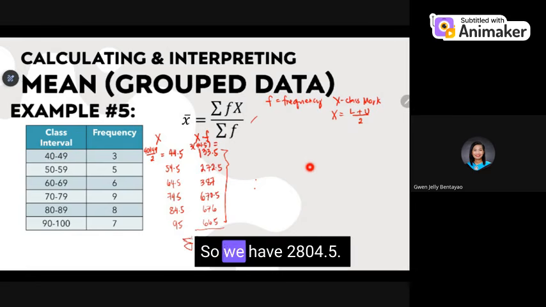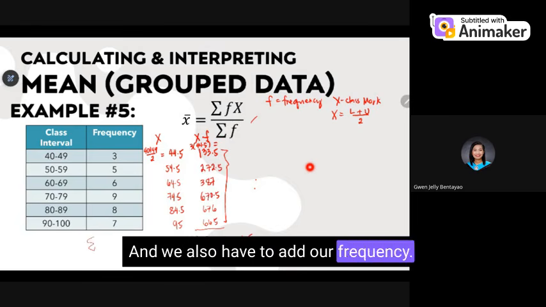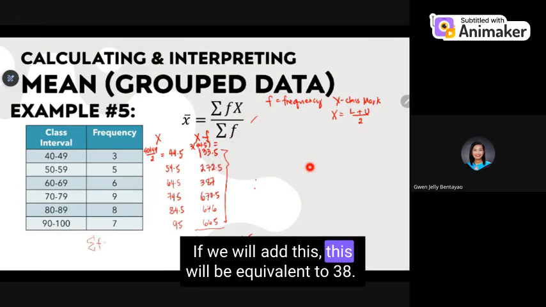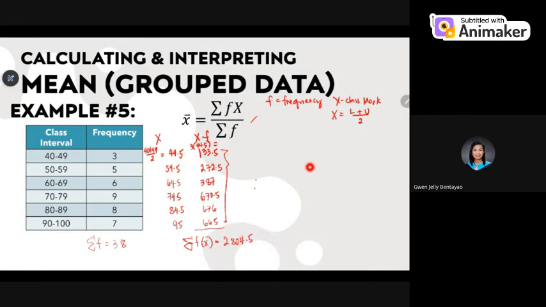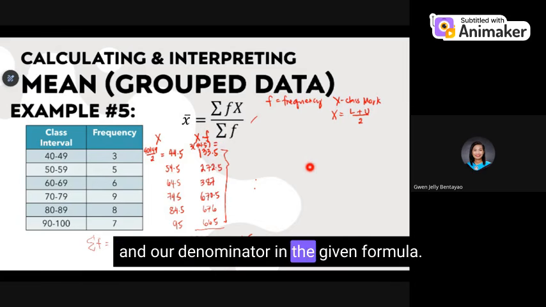So we have 2,804.5. And we also have to add our frequency. If we add this, this will be equivalent to 38. So now we have the value for our numerator and our denominator in the given formula.